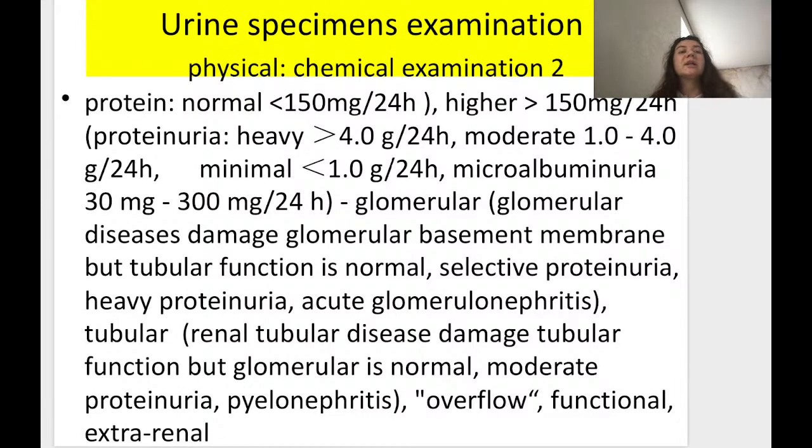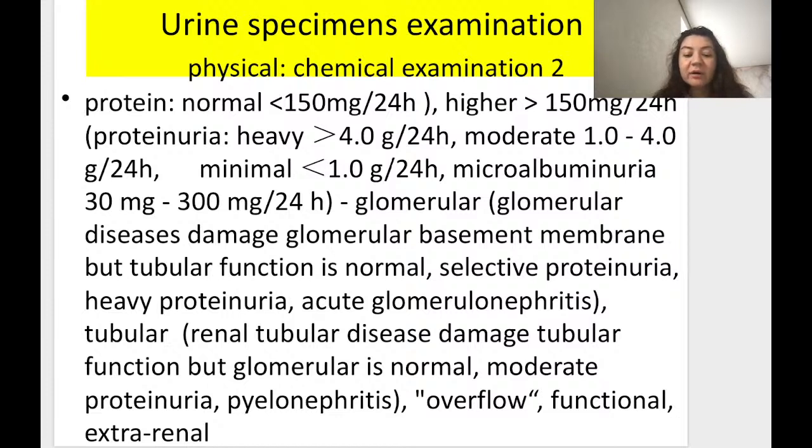We usually check the level of proteins. Normal is less than 150 milligrams per 24 hours. An increase of proteins to more than 150 milligrams per day we name proteinuria. You remember it from the Nephrotic Syndrome part. Heavy proteinuria is more than 4 grams per day, moderate is from 1 to 4 grams per day, and minimal proteinuria is less than 1 gram per day.